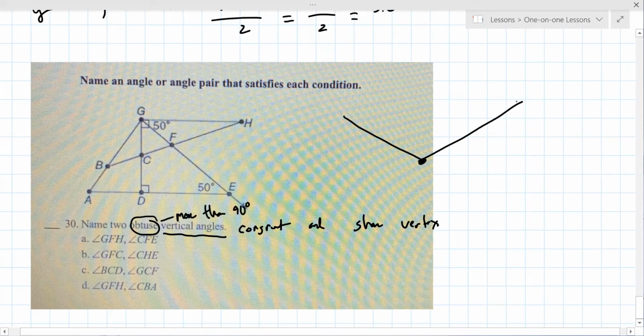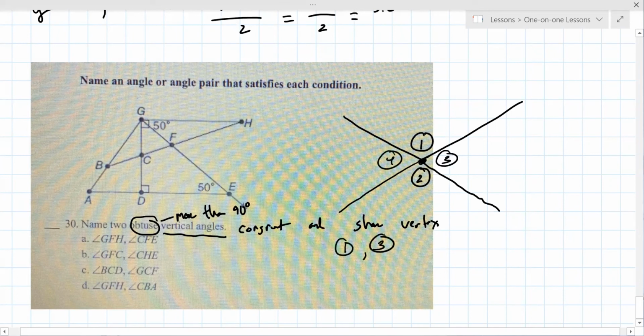And then if I take this one from the left here or from the right, and I just extend it, and I extend this one here, so this angle right here, angle 1 and angle 2, they are congruent and vertical because they share the vertex. They're also obtuse, but angle 3 and angle 4 are not. They're actually acute and congruent.